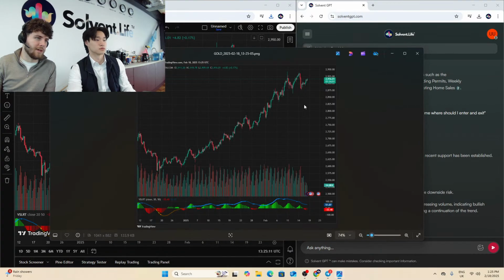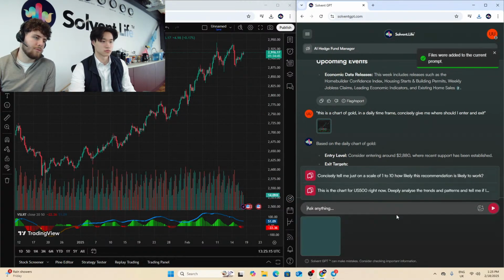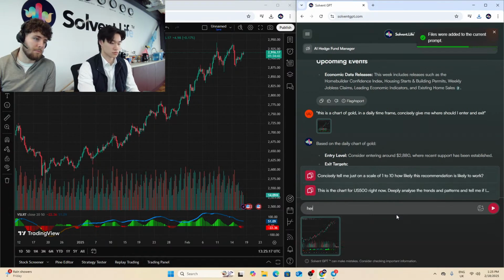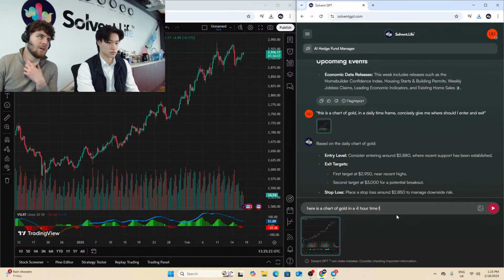But as we saw from the daily chart, exponential growth has been going upwards for maybe the past 2 months. What we're doing now is taking a look from a 4-hour time frame, so a little bit more information for each day.